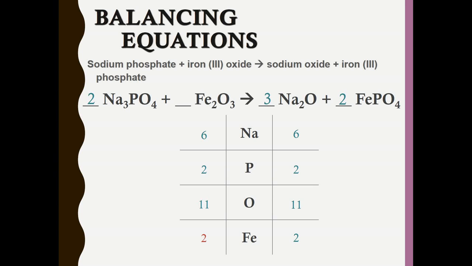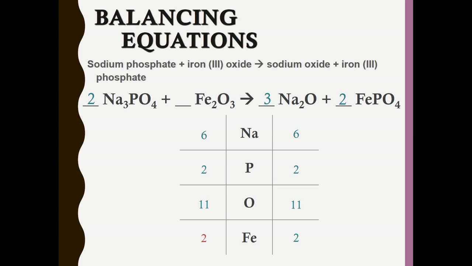Now we are going to start changing the coefficients so that we can balance the equation. If I write down a 2 in front of sodium phosphate Na3PO4, my sodium is going to change from 3 to 6 on the left side. And if I write down a 3 in front of sodium oxide on the right side, which is Na2O, I get a 6 for sodium also.